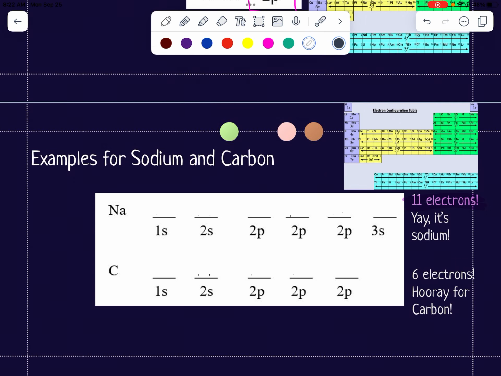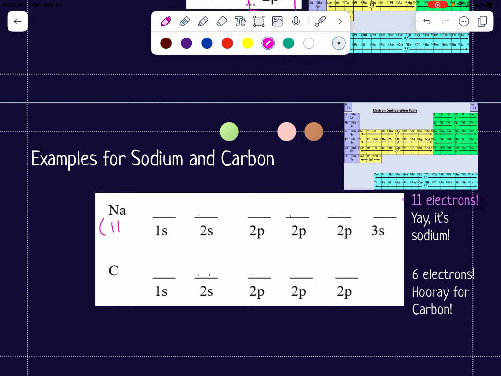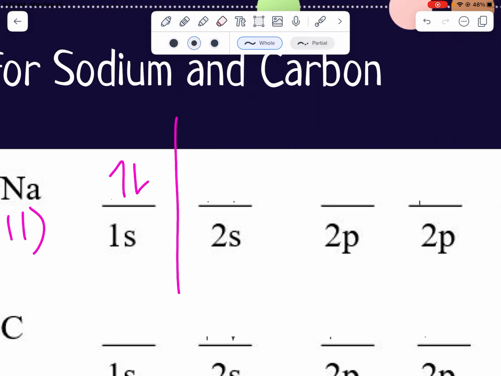Sodium, I know by looking at the periodic table. I want you to look at it and find sodium. Sodium has 11 total electrons, so I need to fill in 11 arrows here to represent those 11 electrons. My first level that I'm going to occupy is 1s. 1s is just a single orbital, so I can put 2 electrons in it.